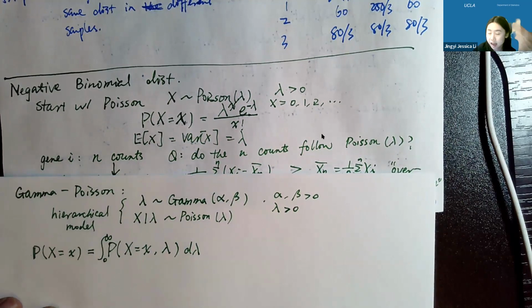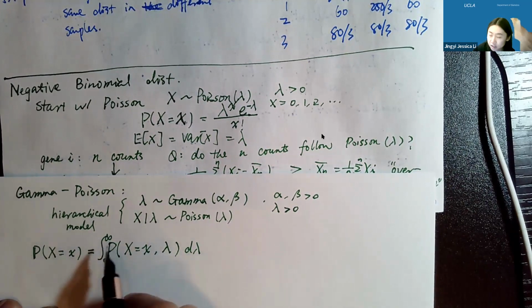So basically I consider all possible values of lambda jointly with x taking this value, then I integrate out lambda. The integration can be considered as a sum, but because lambda has an infinite number of values to take, we use integration since it's continuous.